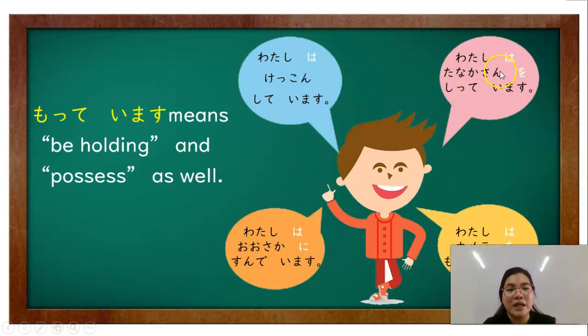Another, watashi wa Tanaka-san wo shite imasu. I know Tanaka-san. Okay? So you may have known each other since you were a child, but since you still know each other right now, it's still continuing, nakilala mo pa rin si Tanaka-san, so shite imasu is used.